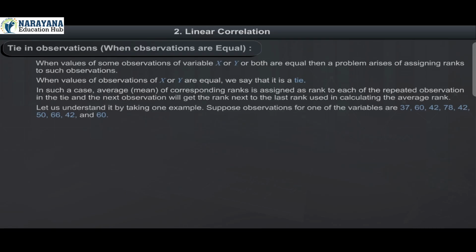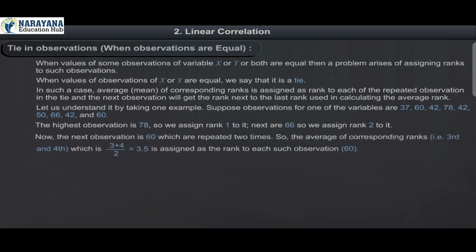Suppose observations for one of the variables are 37, 60, 42, 78, 42, 50, 66, 42 and 60. The highest observation is 78, so we assign rank 1 to it. Next is 66, so we assign rank 2 to it. Now, the next observation is 60, which is repeated 2 times.